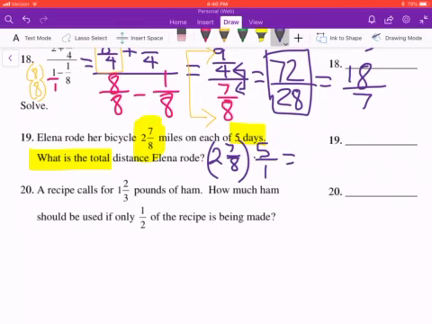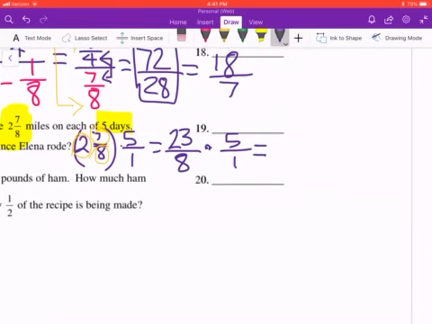So what we're going to do first is convert this mixed fraction into an improper fraction. So it's going to be 2 times 8, that is 16. And then we add 7. And that will give us 23 over 8. And we have this times 5 over 1.